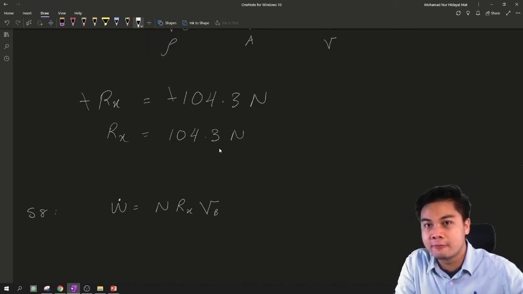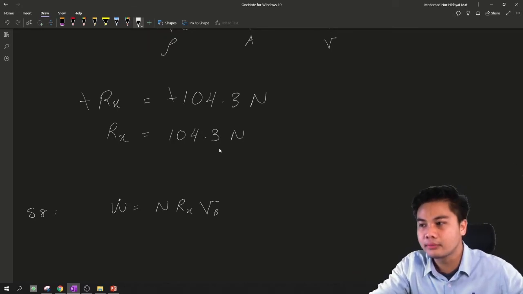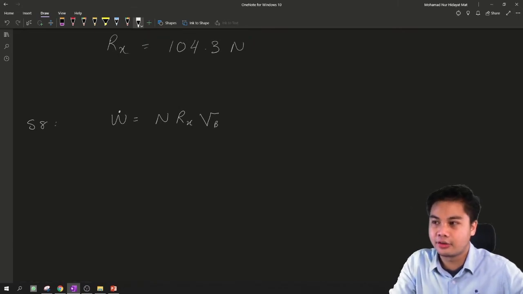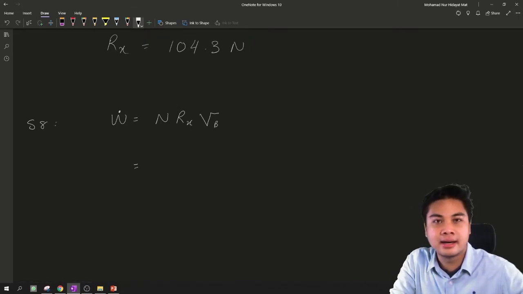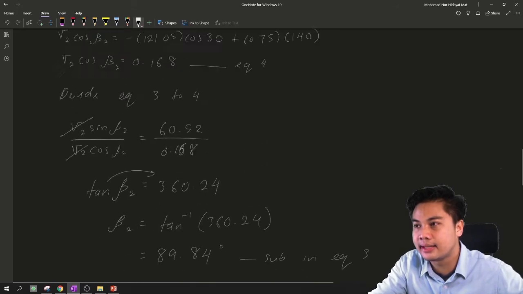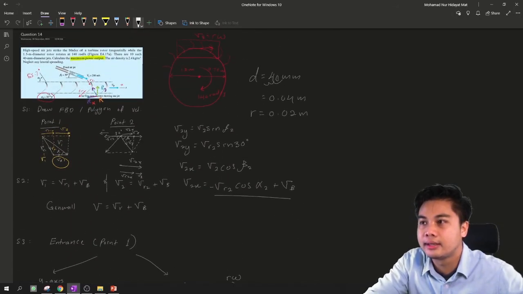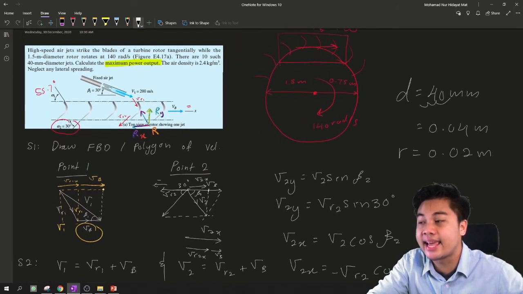This is the body velocity of the moving vanes. So number of jets here, it is given that there are 10 such diameter jets. So we have 10 fixed air jets here. So 10 multiplied with VB.